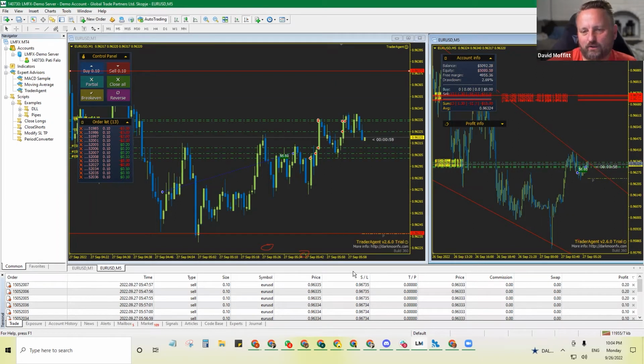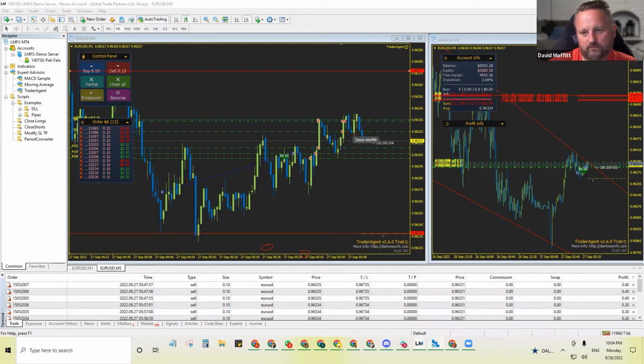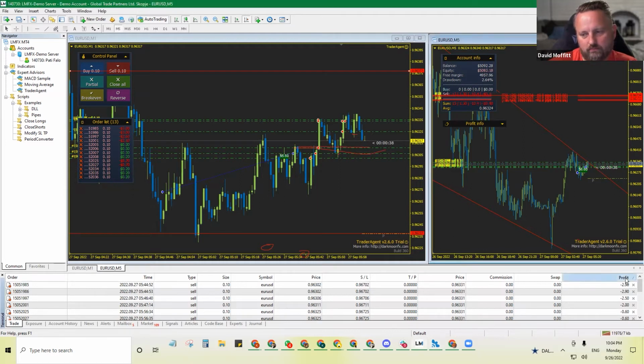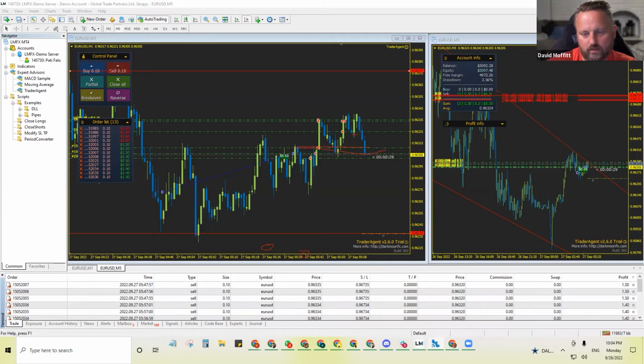All right, so it broke here with the body, right? So now the next logical thing it's going to do is come down here to our action point. And that is not a straight line, but our action point is really right here, right? And if you have profit, anything less than $1 is not good. So here's our action point.